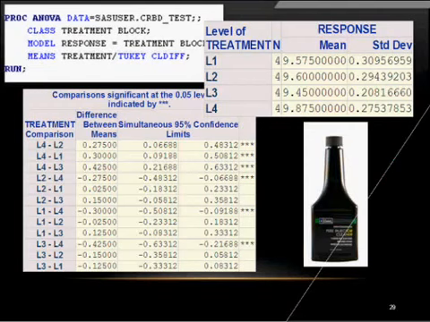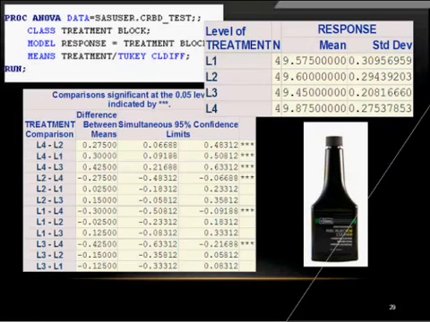So treatment level 4 will be compared with all other treatments, and stars denote that it's significant. Looking at the means, treatment level 4 also has the highest mean and is statistically different from the remaining ones. And the rest are actually not different from one another.